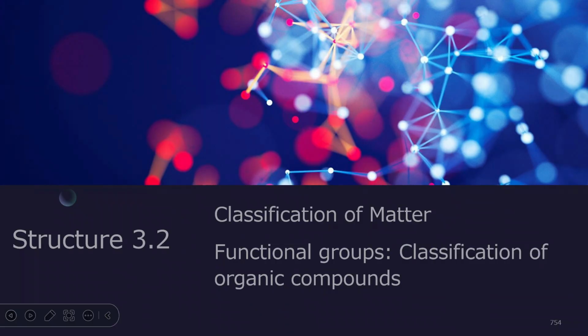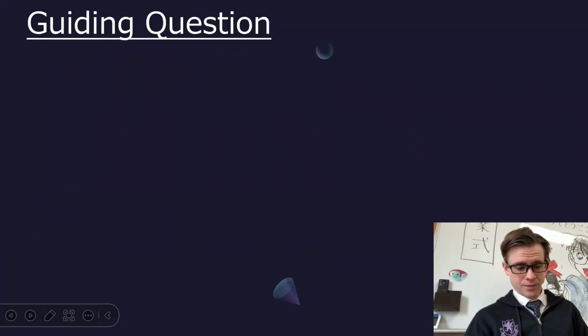But for today, we're doing classification of matter: functional groups in the classification of organic compounds. So I'm going to introduce what organic compounds are, and we're mainly interested in their structure, properties, naming in this structure section, and less about reactions and reactivity. But you will have to know all that stuff in the end.